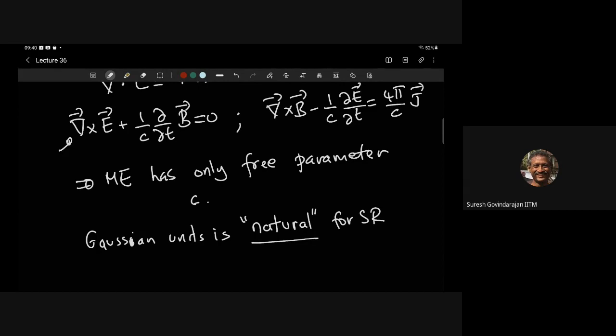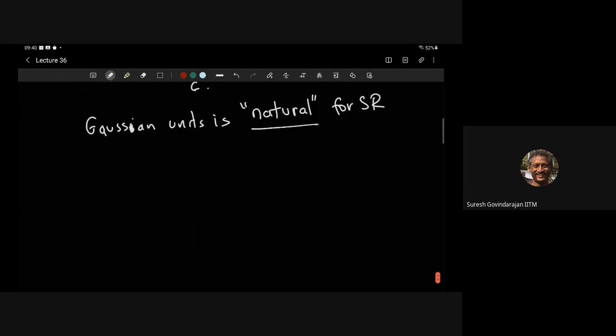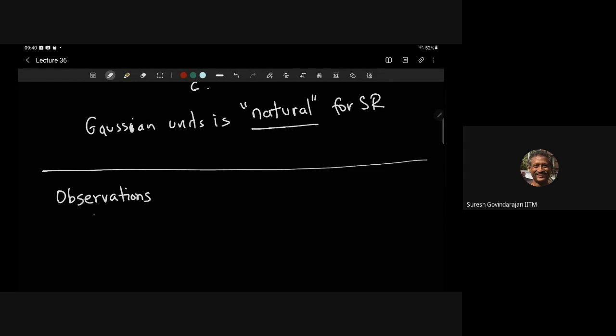Okay, so there's one more observation that we can do, to do this computation.